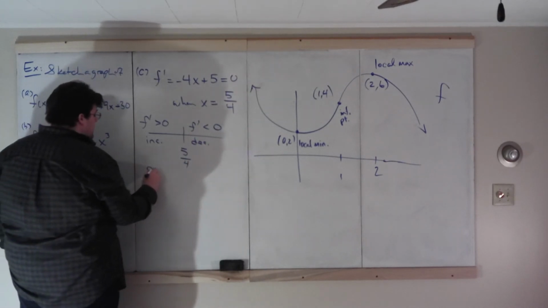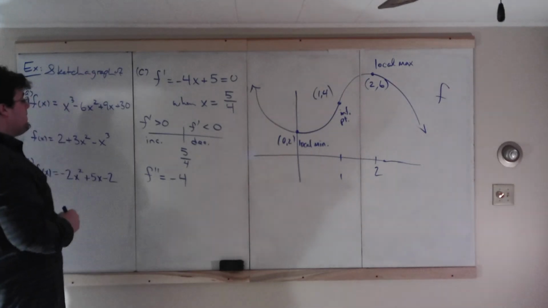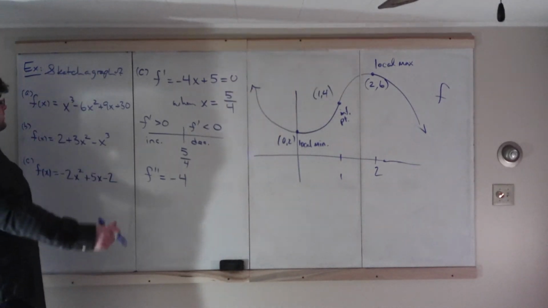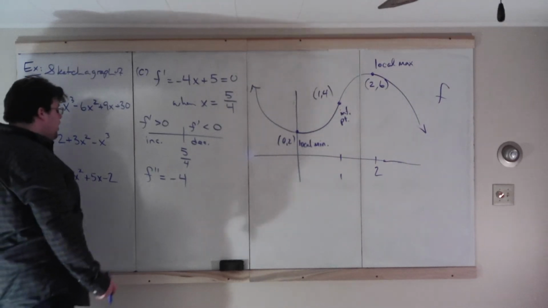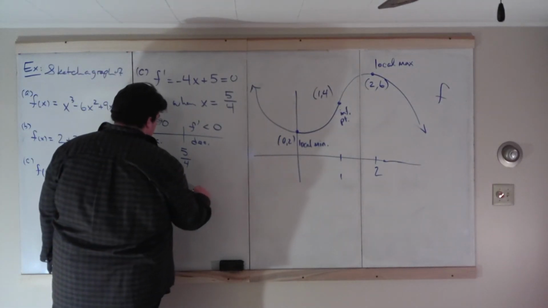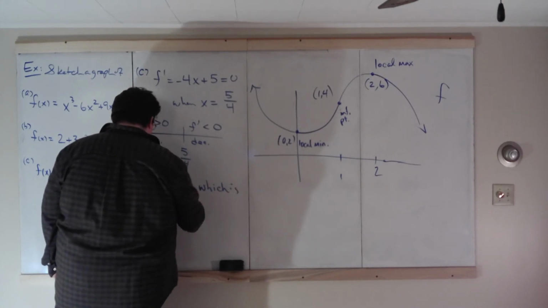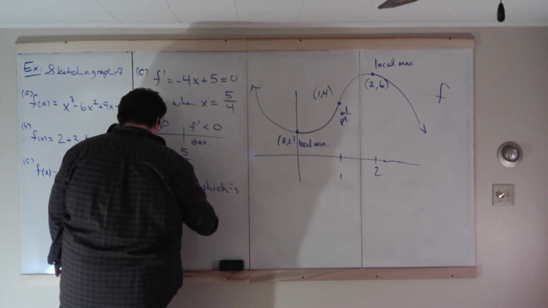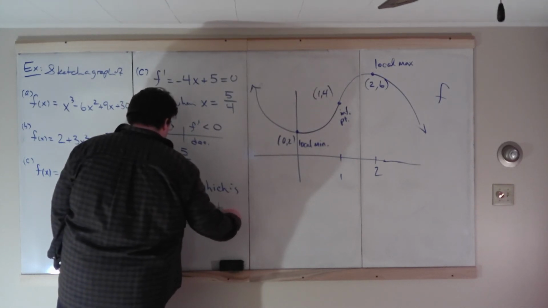And we'll do the same thing with our second derivative, but notice here, we actually don't have to do the same thing with the second derivative because the second derivative is negative 4. Negative 4 is always negative. So I'll say which is always negative. That's a lot of words.